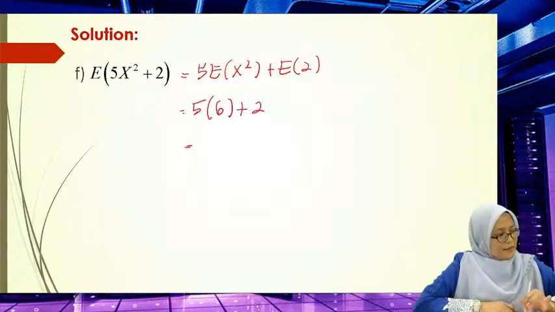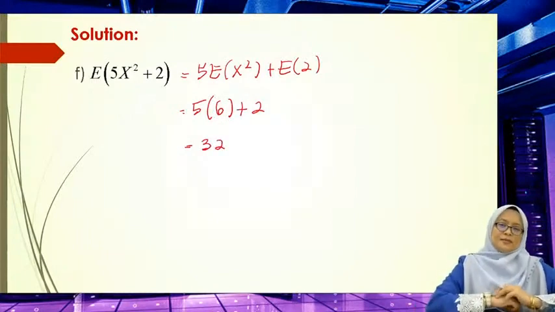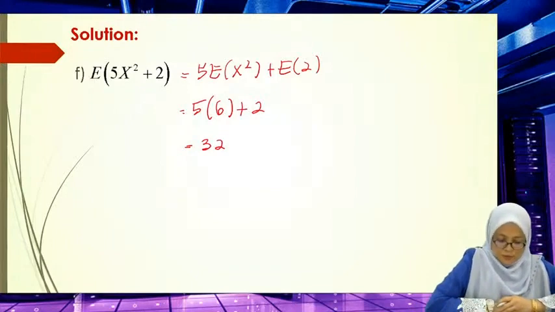So kita dapat 32. Ni saya boleh calculate terus, dapatlah nilai dia 32. Okay, betul? Alright, good. Thank you. 32. Okay, so dah apply properties. Okay, so then next.